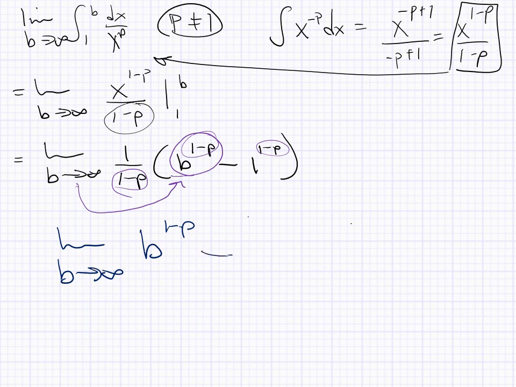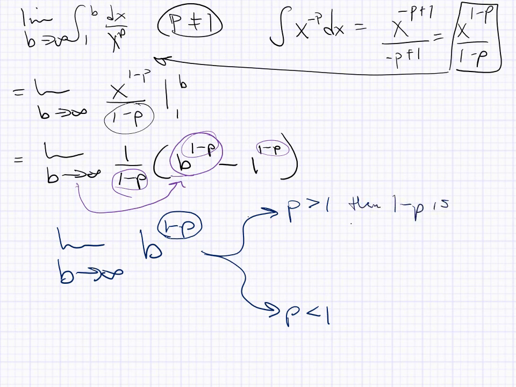Well, actually there are two scenarios here: one where p is greater than 1 and one where p is less than 1, because that's going to affect this exponent. If p is greater than 1, then 1 minus p is negative. If p is less than 1, then 1 minus p is positive.